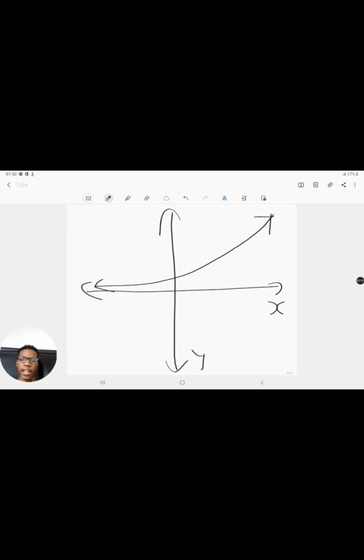The two important factors that we should remember from that original graph are that the x-axis is your asymptote, and the y-intercept is (0, 1). When x is equal to 0, y is equal to 1.